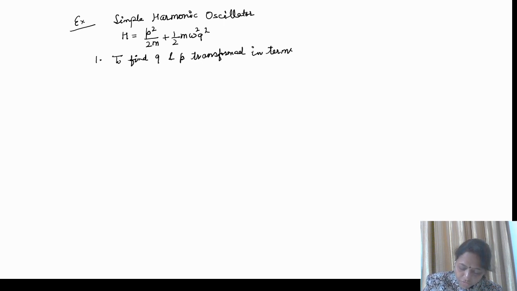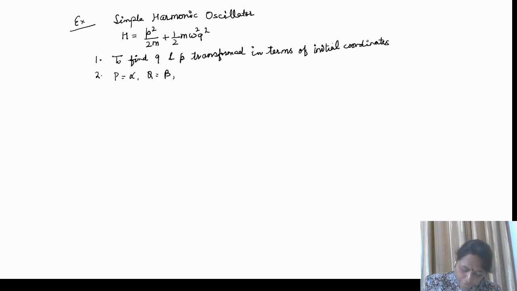These should be transformed in terms of initial values of Q and P, so that this will be the final solution. Number 2: because I have assumed K to be 0 in Hamilton-Jacobi theory, that means my P is constant, my Q is constant.